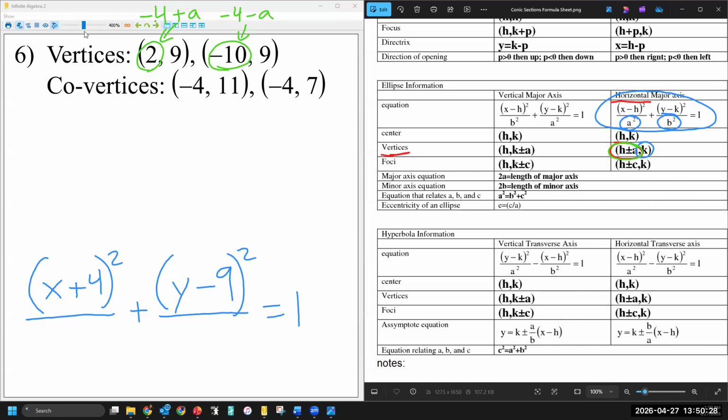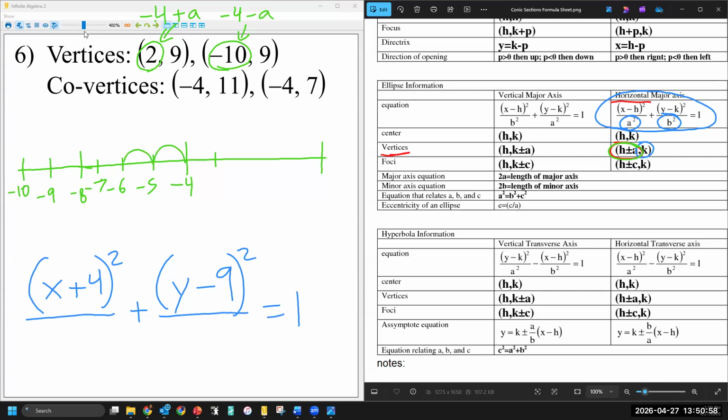How many units? Well, let's just do a number line. I have negative 4, right? Negative 5, negative 6, negative 7, negative 8, negative 9, negative 10. There we go.